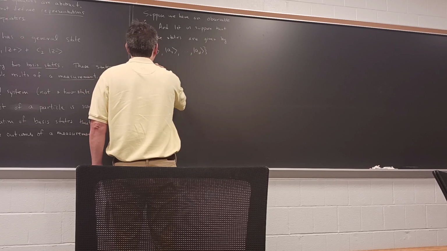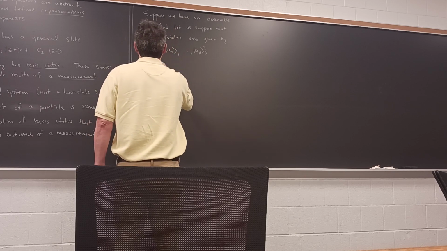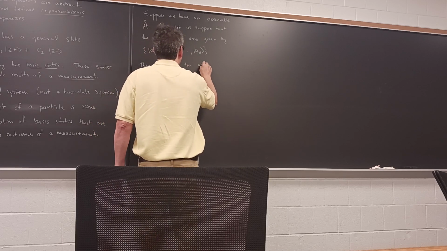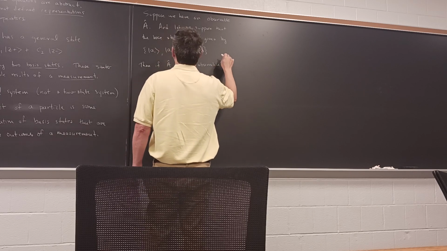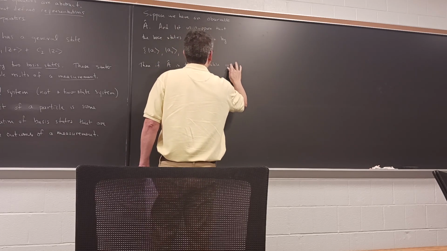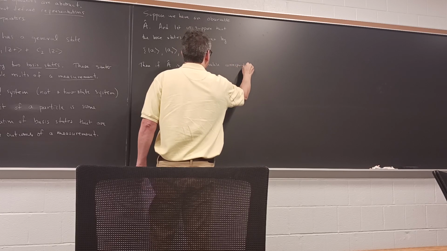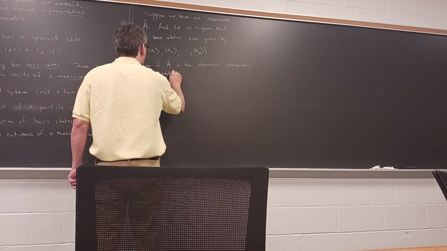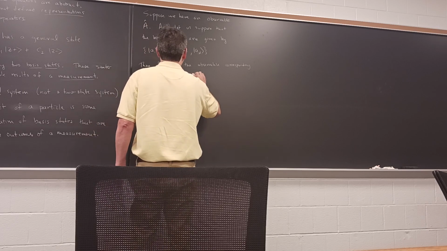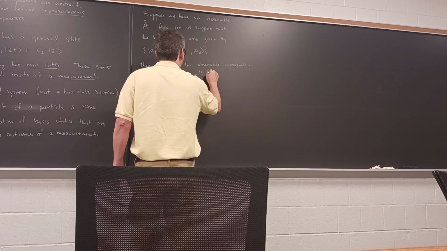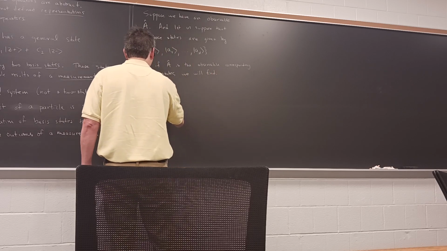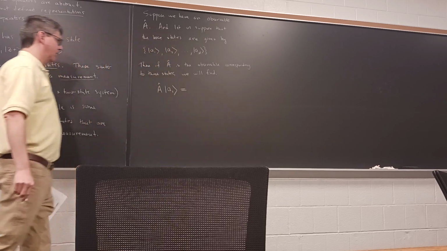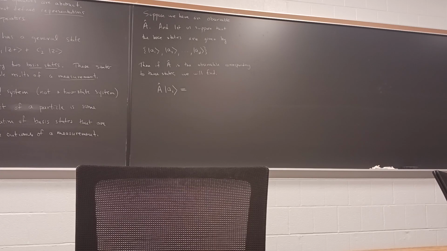Then if A is the observable corresponding to these states, we will find the following: if I make a measurement on, say, the state A1, this just looks exactly like this equation here.